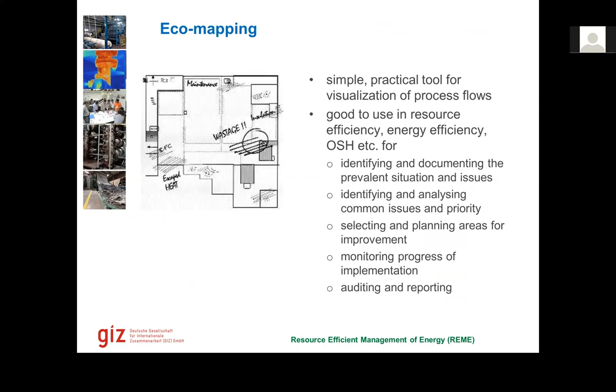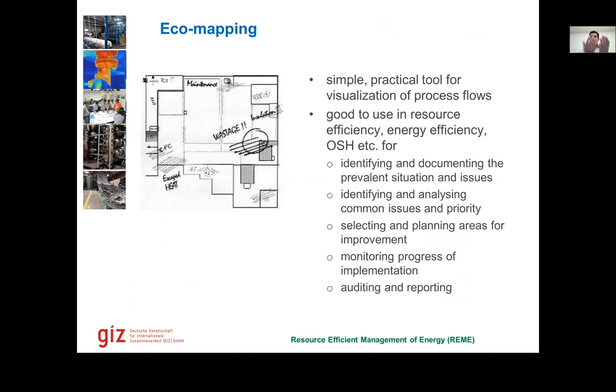So I suggest that we make an eco map for one particular issue rather than combining all the issues together into one eco map. So if we are making an eco map for energy, we do it only for energy. We do not include material loss or chemical spillages or water spillages in it. So if we develop one for water, then we only talk about water and we don't talk about energy.